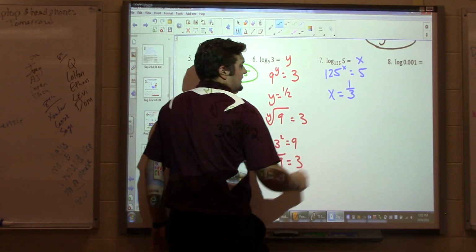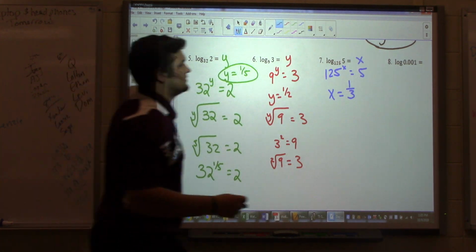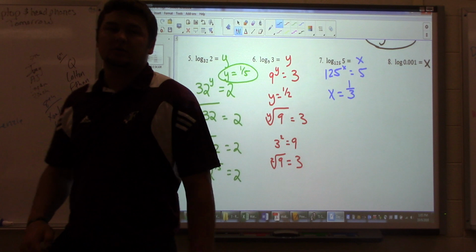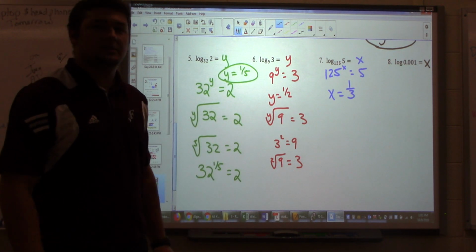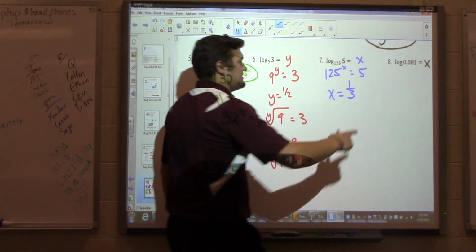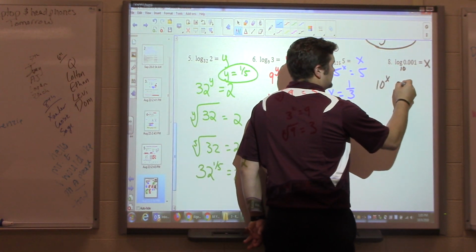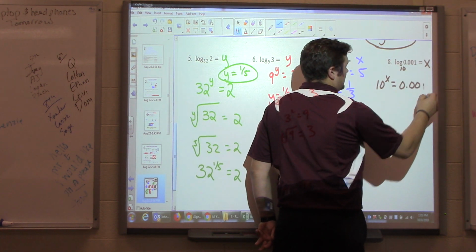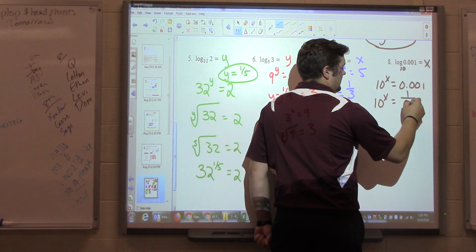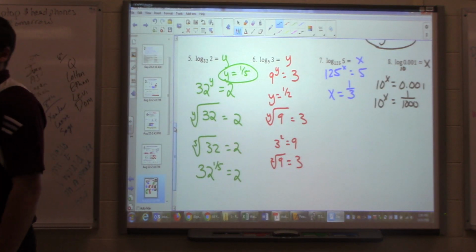Alright, last one. For this set, log of 0.001 equals x again. What's the base of my log in this one? 10, right? There's no base written, so it's going to be a base of 10. So 10 to the x equals 0.001, or you could write it as 10 to the x equals 1 over 1,000, which I would rather see, makes it a little easier.